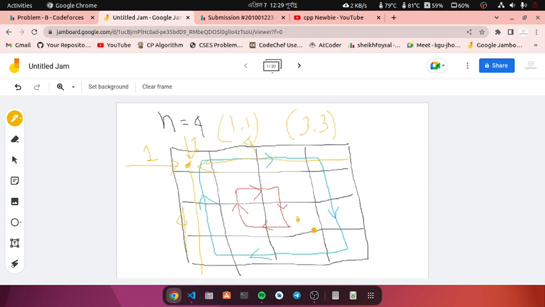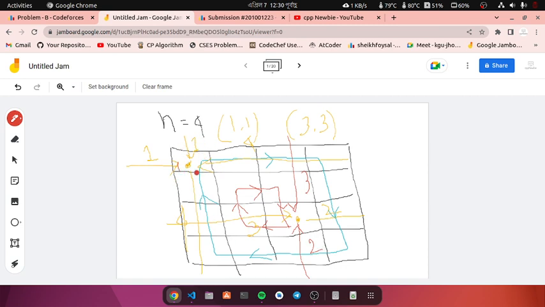And for this point and this point it is 2 distance, and for this point it is 3 distance, right? And for this point it is 3 distance, and for this point it is 2 distance.